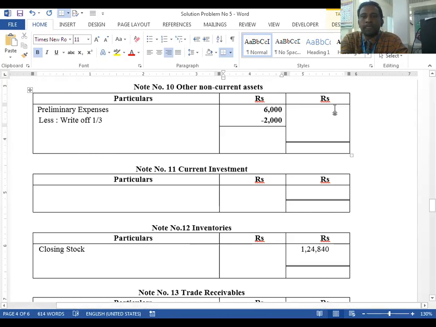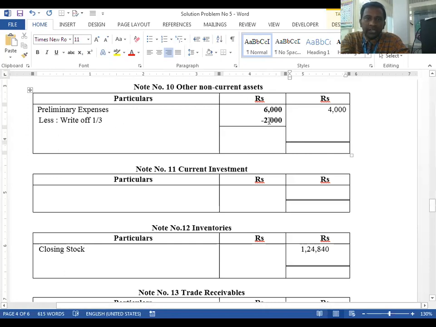So 6,000 minus 2,000 is 4,000. This is the adjustment.